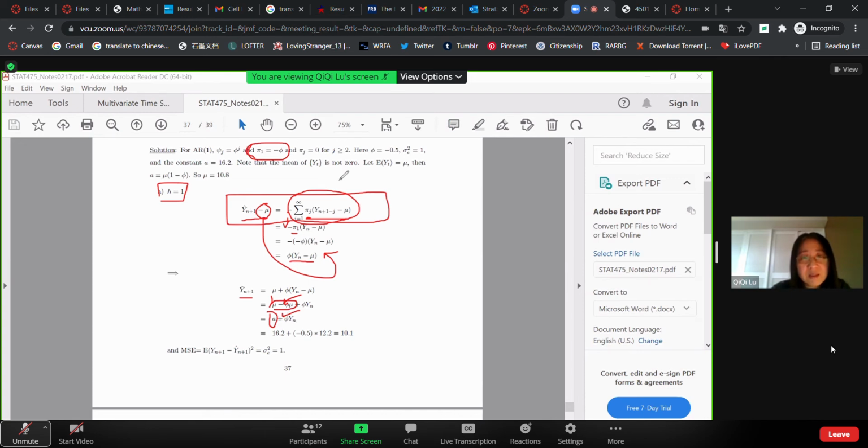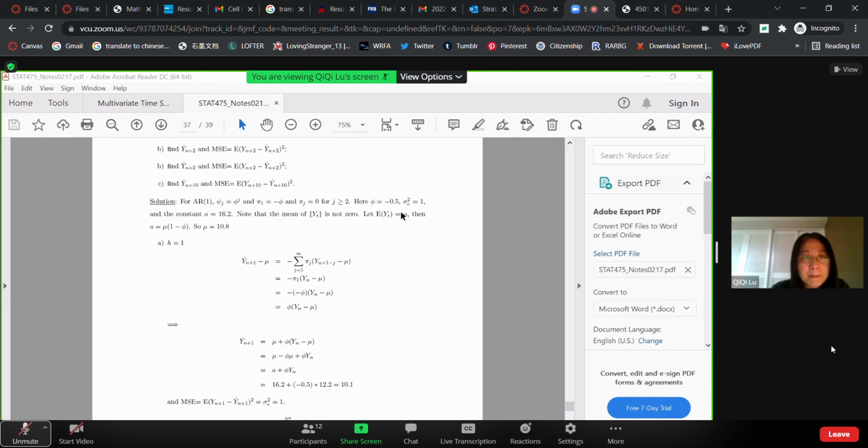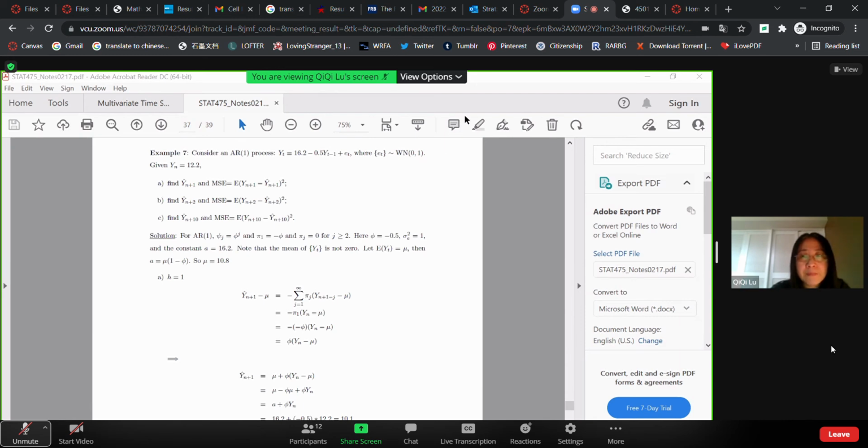So basically in this formula, we keep this form, the constant term minus 0.5, to predict yn plus 1, put a hat here, and we don't have this term.